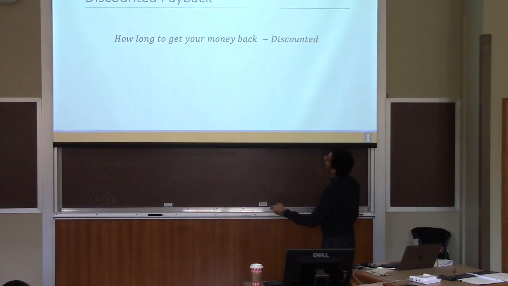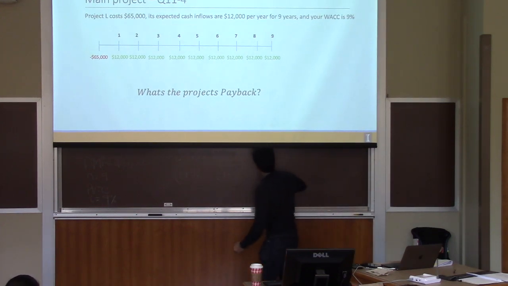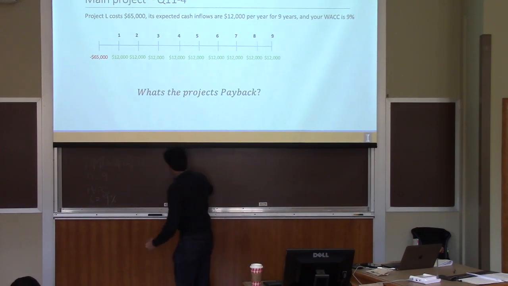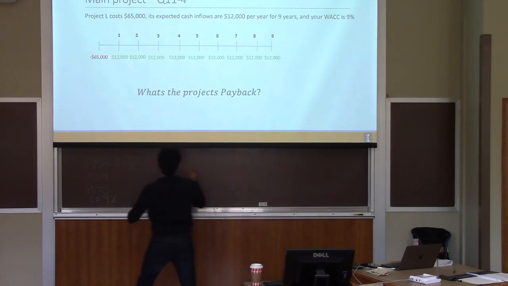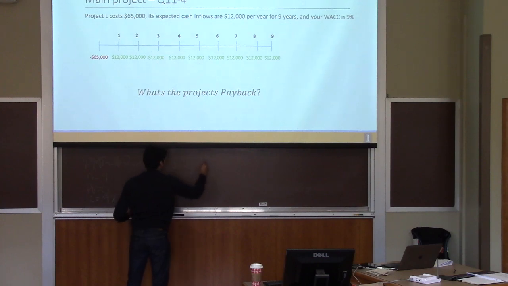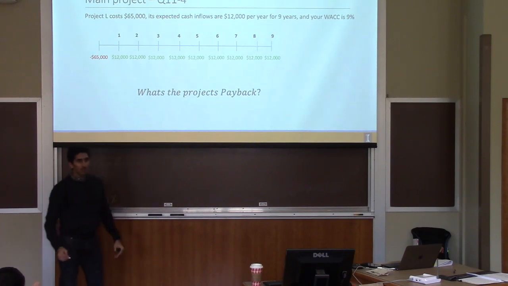Let's go back to that. So, I paid $65,000, right? My account went down $65,000. When will I get this money back?